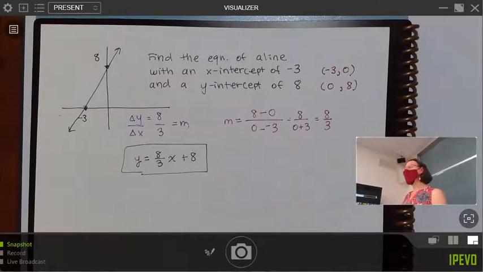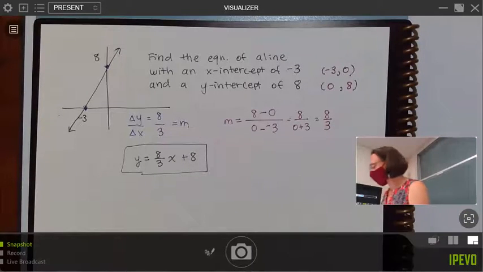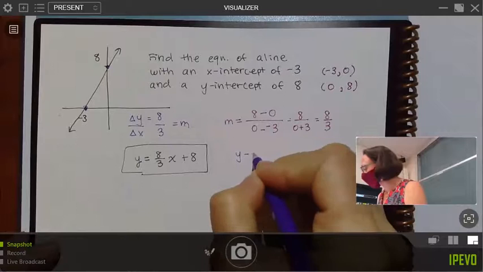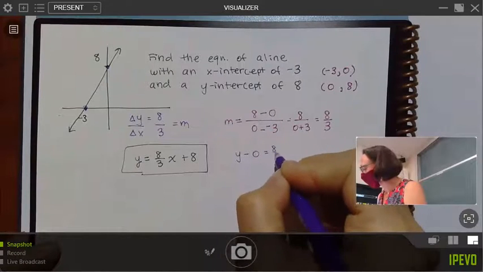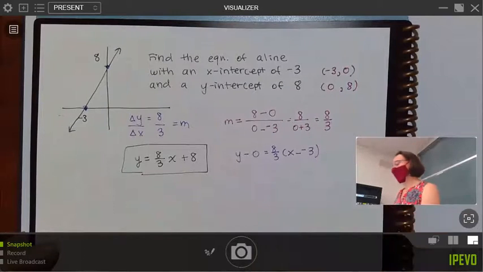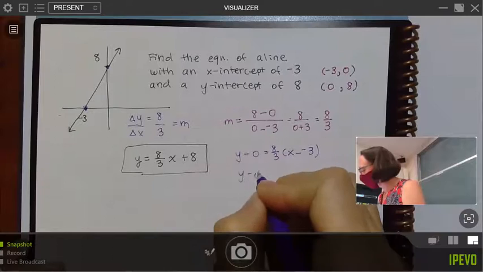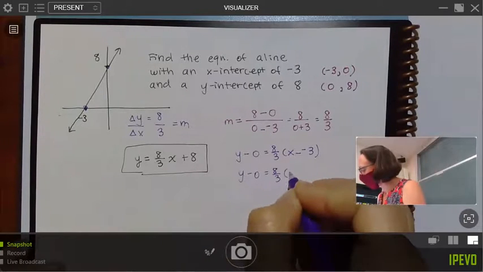But it wouldn't be wrong to write that equation in point slope form using either of these points. So you could also say y minus 0 is equal to 8/3 of x minus -3. And then again, I got that minus a negative. I want to get that out of there. 8/3 x plus 3.